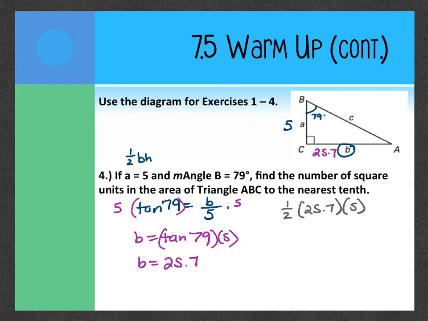So in the calculator, I can either multiply those two and then divide by 2, or I can do 0.5 times 25.7 times 5. And I get the area of this triangle is 64.25, which is going to round to 64.3 units squared.